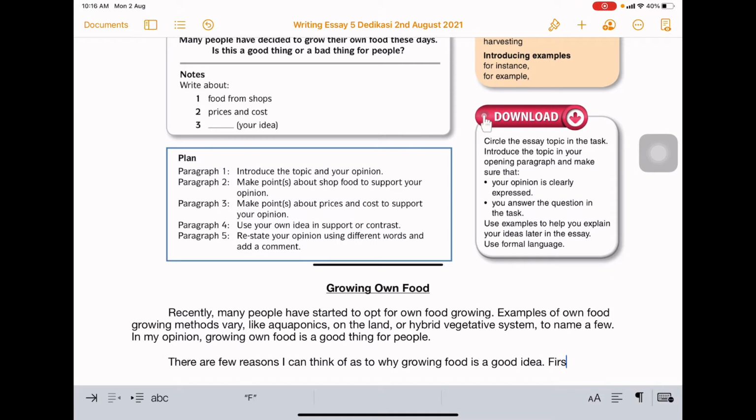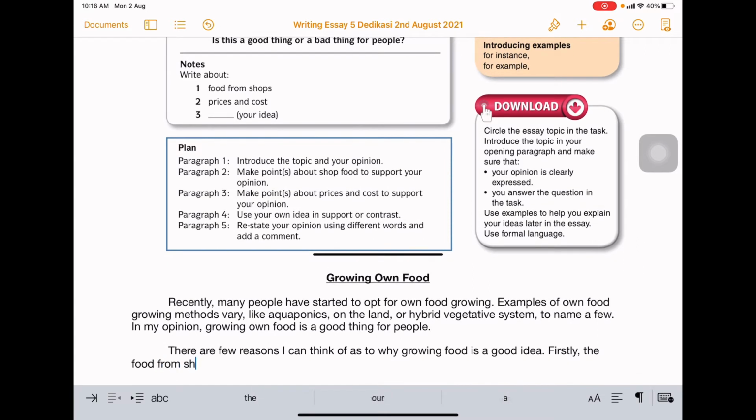Okay, we can say firstly, we use food from shops.